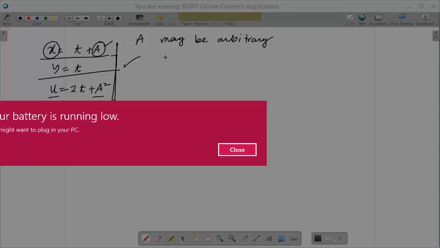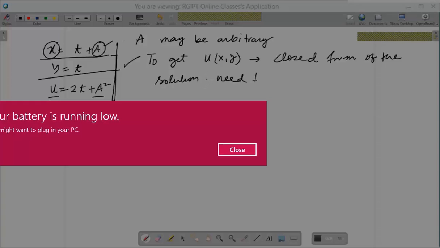So t is definitely equal to y. Now to get u as a function of x comma y, the closed form solution, not the parametric form, what I need is to get rid of t and a. How do you do that?